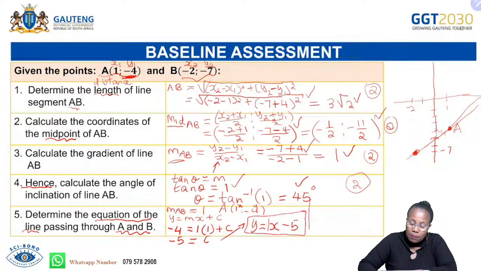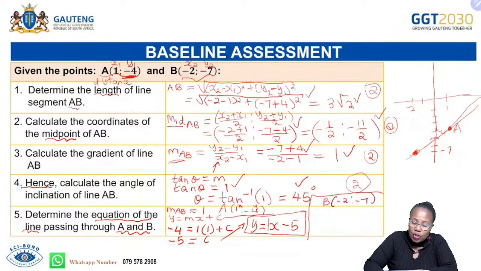And then let's see this particular learner now. We decided to use point B (-2, -7), and see whether we can end up with the same answer. In the same equation, y = mx + c, our y is -7, the gradient is 1, the value of x is -2, and then plus c.